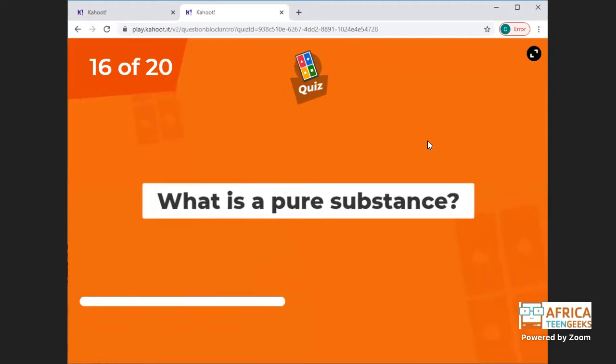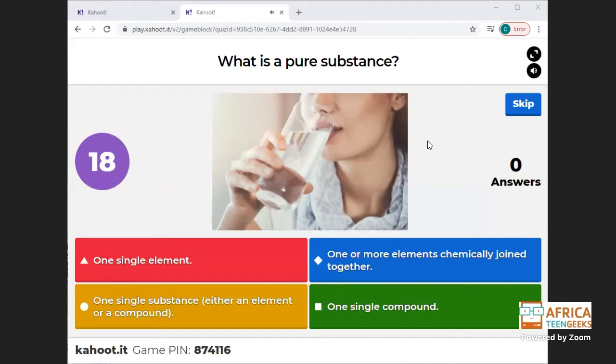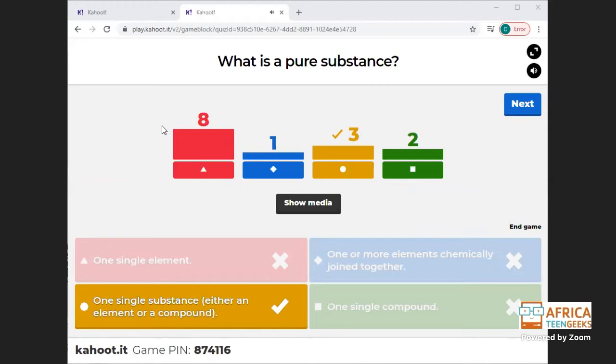What is a pure substance? It's only 3 who got it correct.